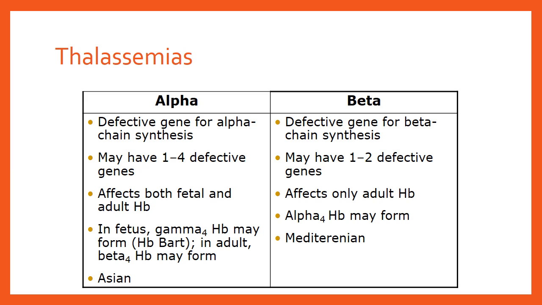When you compare alpha and beta, you will notice one interesting phenomenon. Fetal hemoglobin doesn't have beta, and that's the reason alpha thalassemia will affect both fetal and adult hemoglobin, while beta only affects adult.